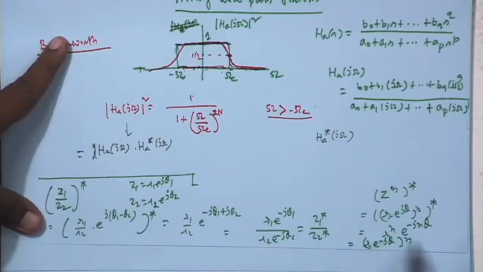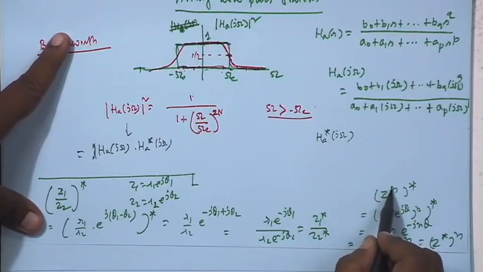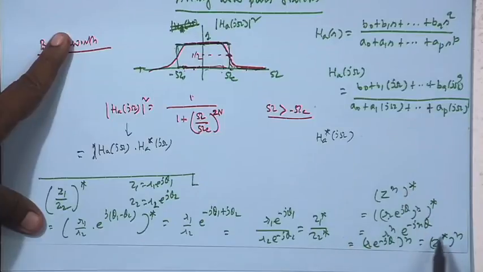But this is z star, so z star whole to the power n. So if you raise a complex number to some power n and then take the conjugate, you will get the same thing if you first take the conjugate and then raise it to the same power.